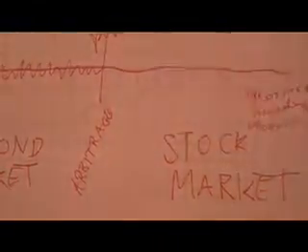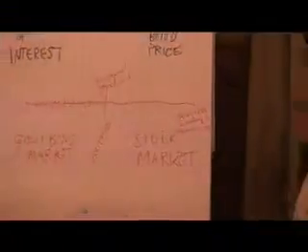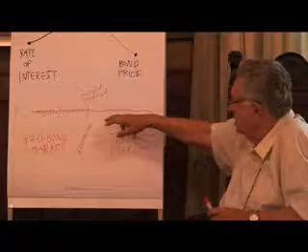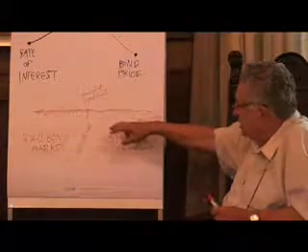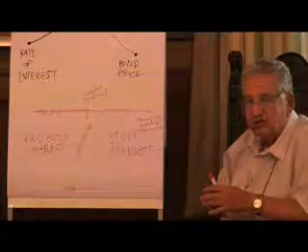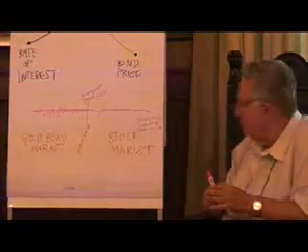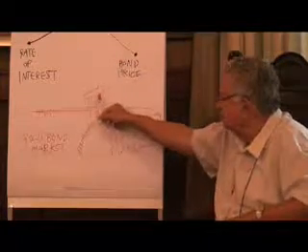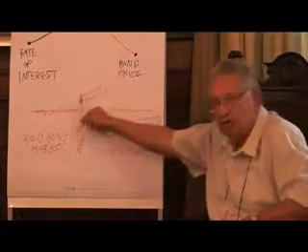The function of the rate of interest, there is always a marginal producer. If the rate of interest goes higher, which direction will this move, the marginal producer, to the right or to the left?